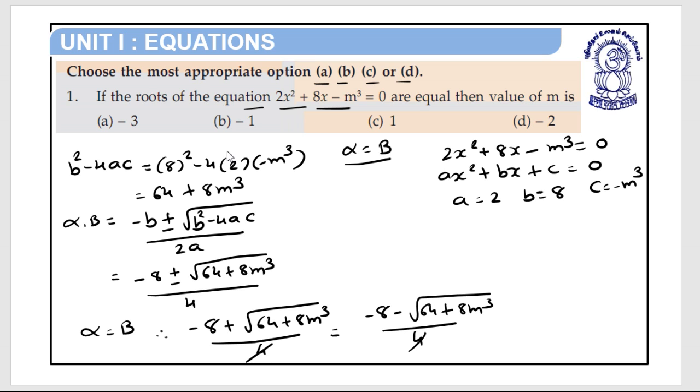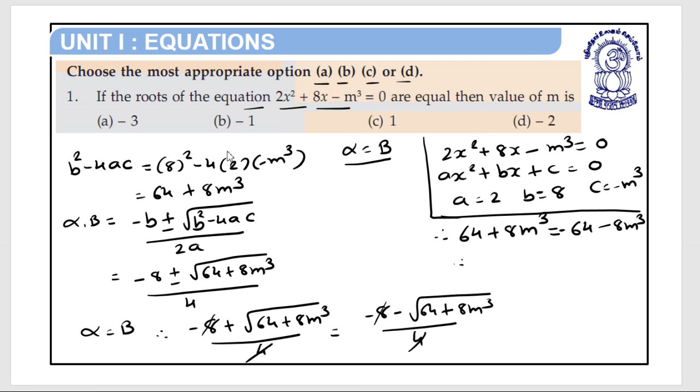4 4 cancel. Minus 8 cancel. So root cancel. 64 plus 8 m cube is equal to minus 64 minus 8 m cube.